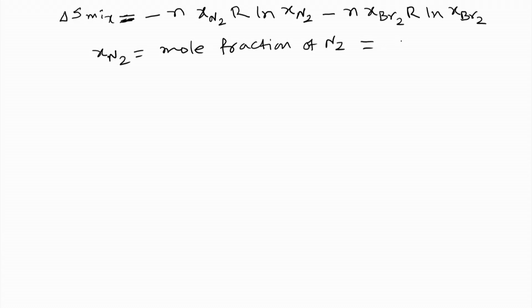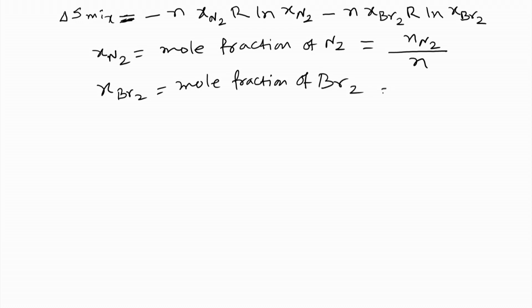And this is nothing but the number of moles of N2 by the total number of moles. Okay. And x Br2, similarly, is the mole fraction of Br2, and this is nothing but the number of moles of Br2 by the total number of moles. Okay.